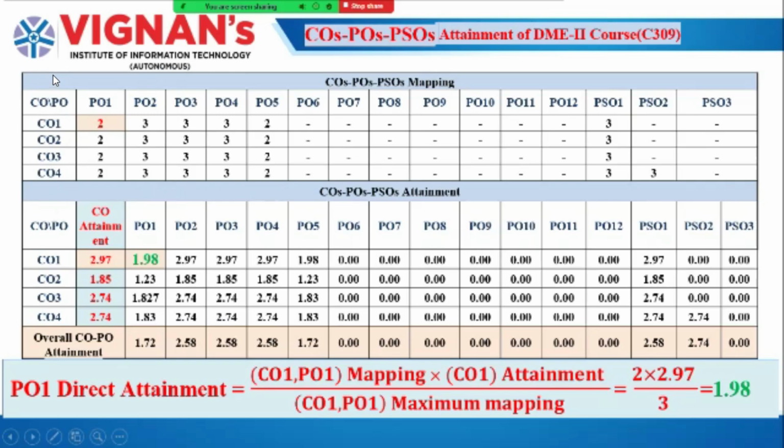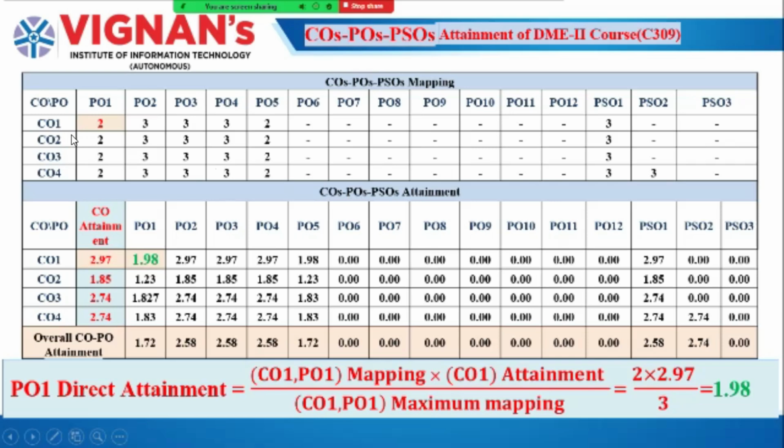What is the mapping here for CO1 and PO1? The mapping is 2. And what is CO1 attainment? CO1 attainment is 2.97. So 2 into 2.97 by maximum mapping, which is always 3. Then the value will be 1.98. So this is the PO1 direct attainment.